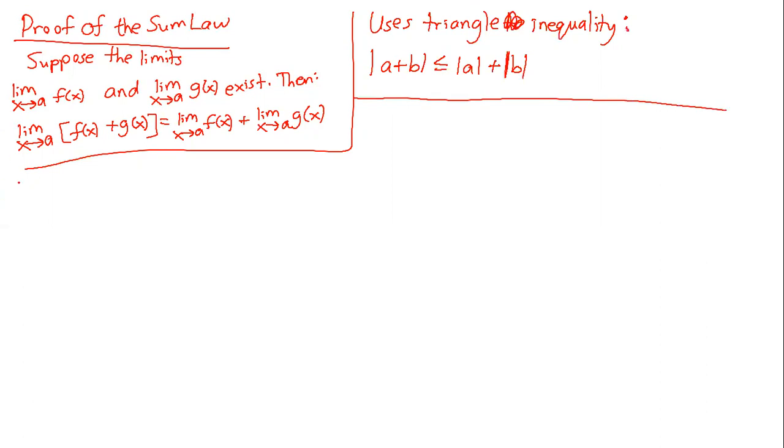So let epsilon greater than 0 be given. Remember, we're talking our challenge and answer form. Someone challenges you with a given epsilon. They say it's greater than 0, but here it is.